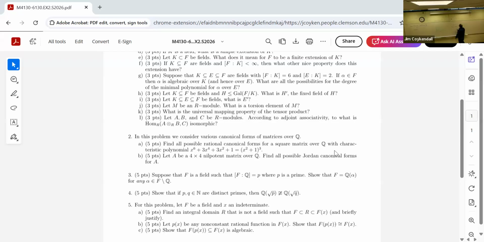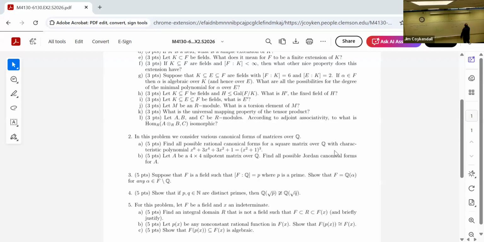An element of F(x, y), let's say that A is in F(x, y). Well, okay, I'm going to treat this like a rational function in the variable y. So this is R1(y), where all the coefficients of R1 are rational functions.